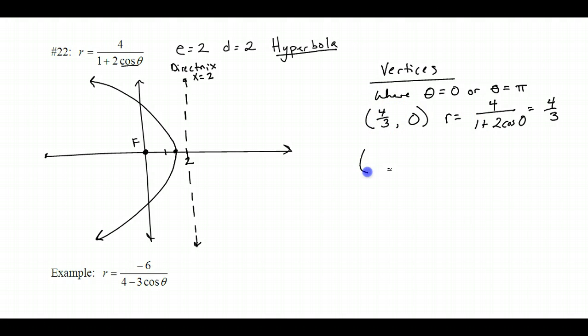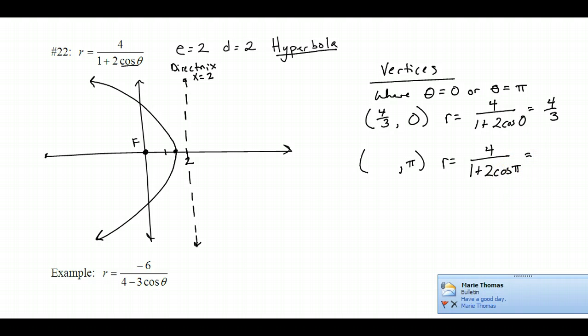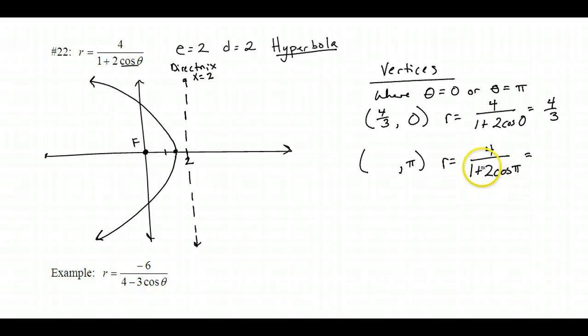All right, well then our other one, if theta is equal to pi, because you're always testing, here's 0 or pi, but it's always on that line. So we have r is equal to 4 divided by 1 plus 2 cosine pi. Well, cosine pi is -1 times 2 is -2 plus 1 will give us -1.